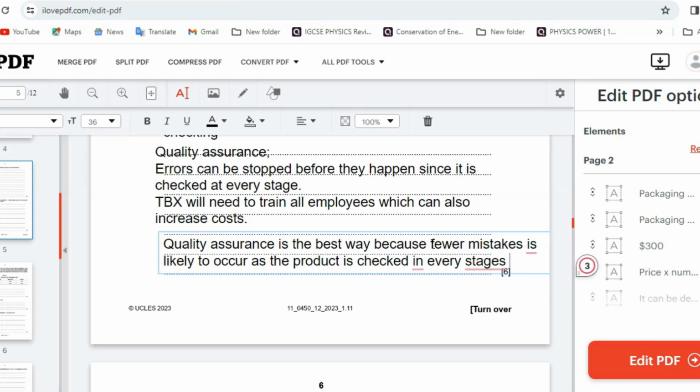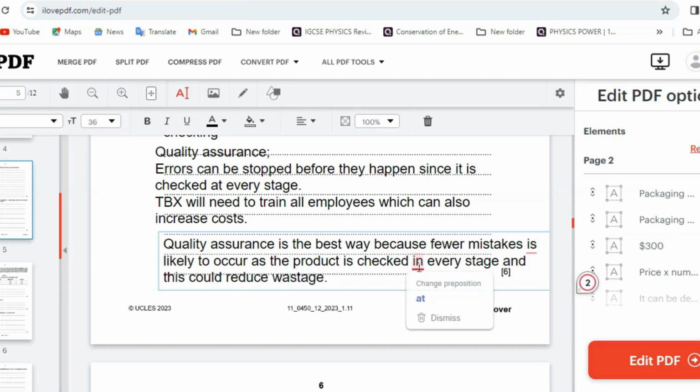Let's say at every stage, in every stage, and this could reduce wastage. That is for using quality assurance.